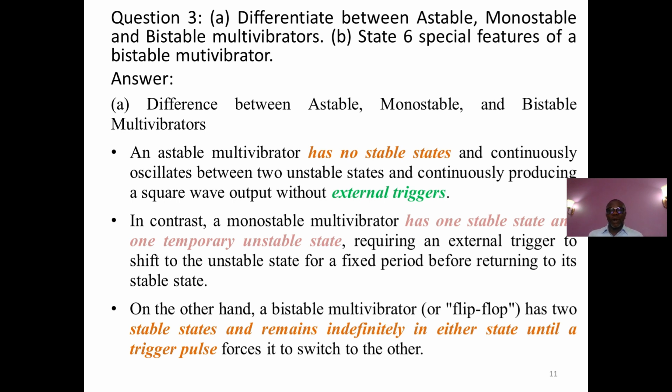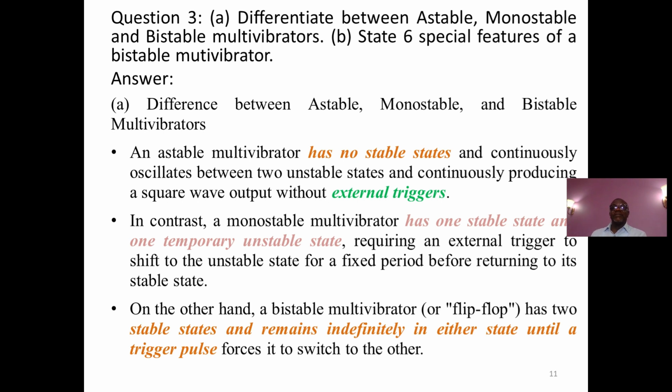It stays in the first one indefinitely until you apply a trigger. It goes to the other one and stays there indefinitely until you apply another trigger before it gets back to the first. So when you are using them, depending on the application you want, you can choose to use astable, monostable, or bistable multivibrators.